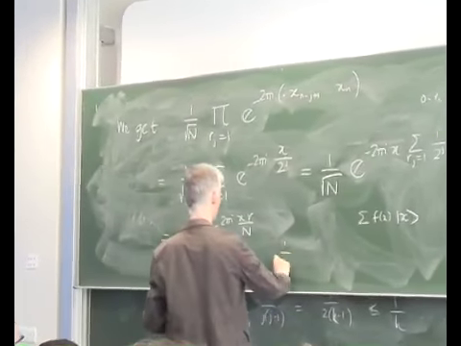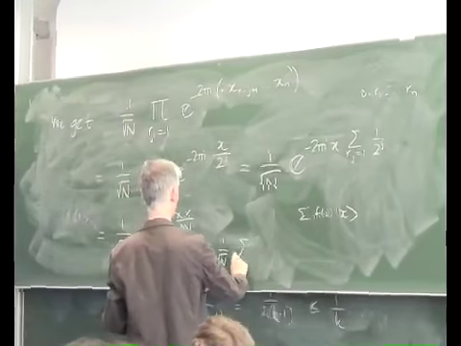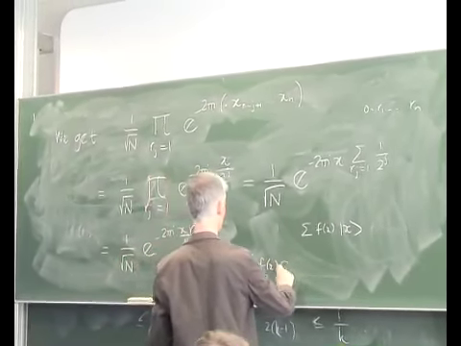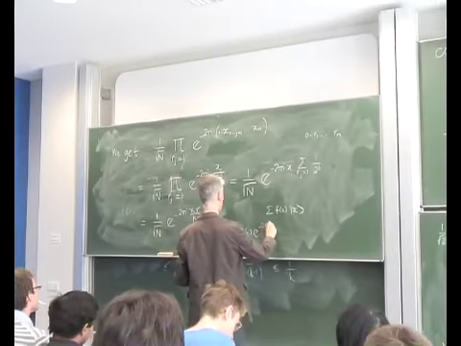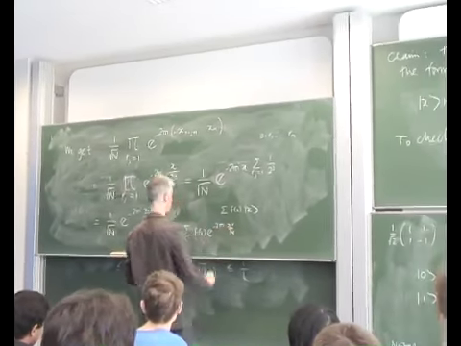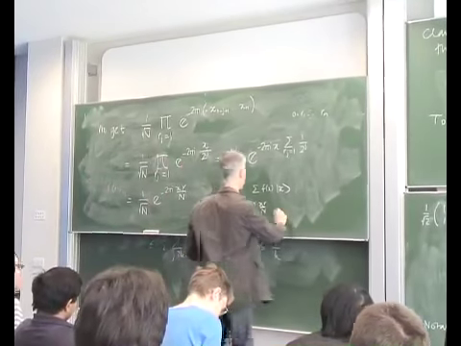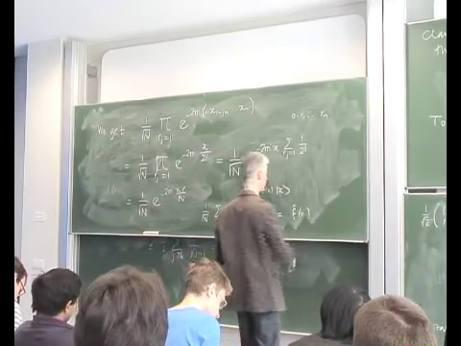So we'll get 1 over root n, sum over all x, f of x, e to the minus 2 pi i x r over n. And that's exactly the formula that we had for f hat of r.